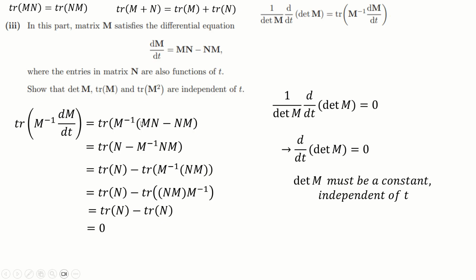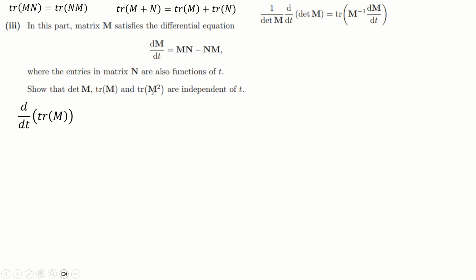We're going to use similar ideas to get these two results here, where we're going to think about the fact that we could show that these are independent of t if we just show that they're constants, and therefore that they derive to make 0. So let's think about the derivative of the trace of m. The trace of m is just the two leading diagonals added together.